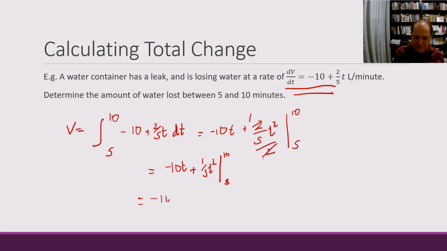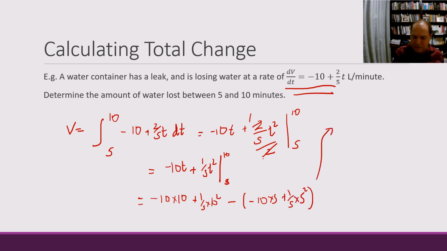Substituting that in, -10 times 10 plus 1/5 times 10 squared, subtract -10 times 5 plus 1/5 times 5 squared.